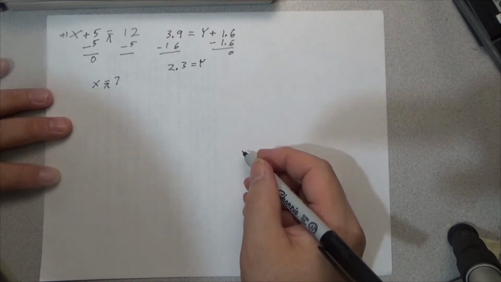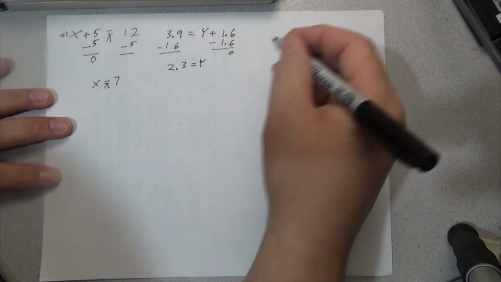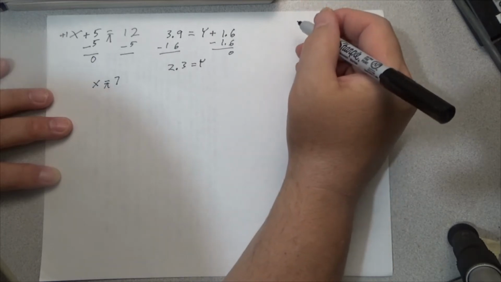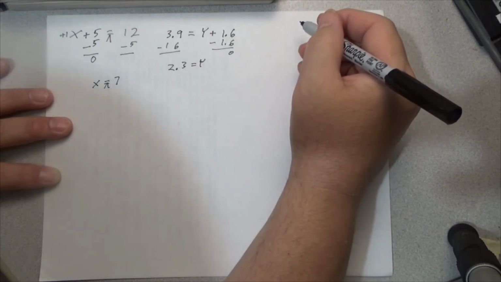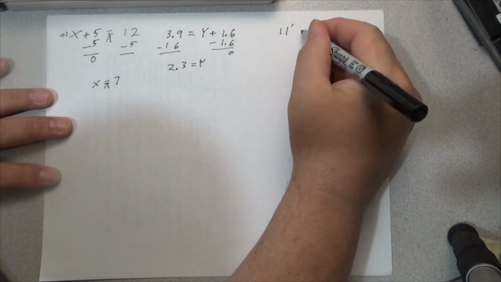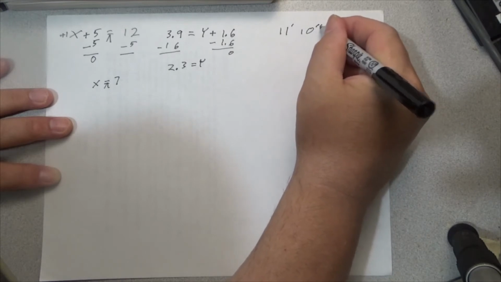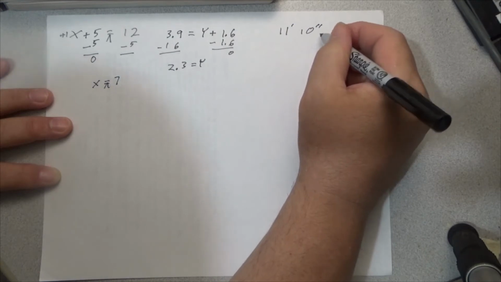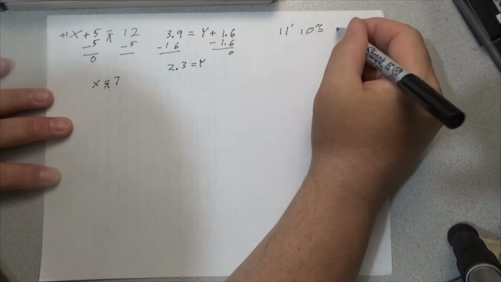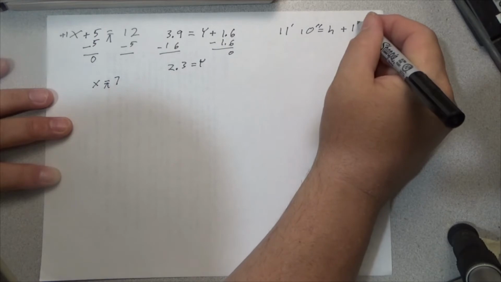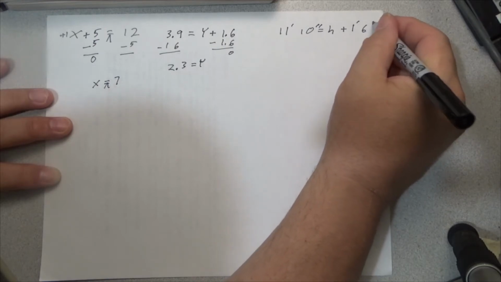Another one would be number 42, figure 14.29. It looks like the entire height of that figure is 11 feet 10 inches, and that is equal to h plus 1 foot 6 inches.